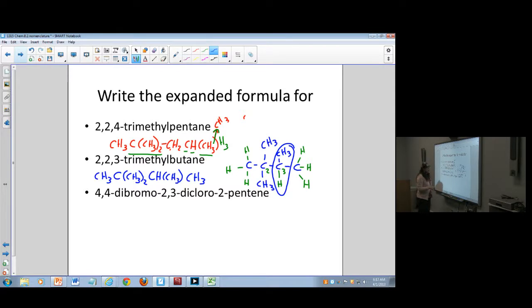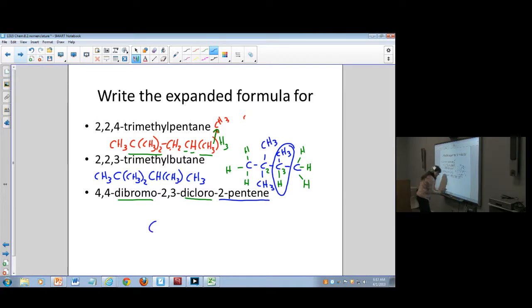Now this one's going to be a little bit different because we haven't really done anything with the halogens yet, but they work very much like the methyl group, except we're going to be talking about bromine and chlorine. And notice that in these groups it's named bromo something or chloro something. But at any rate, let's start at the end. We're going to figure out there's 5 carbons.